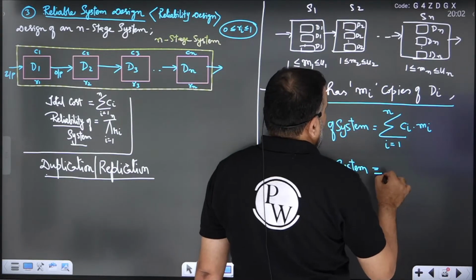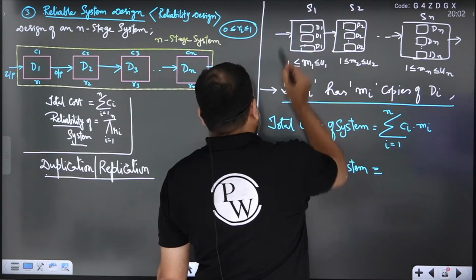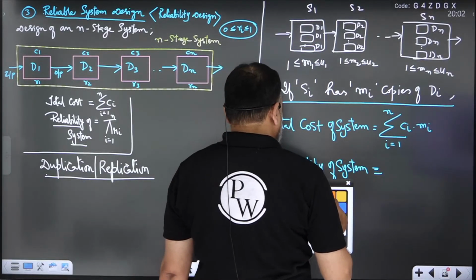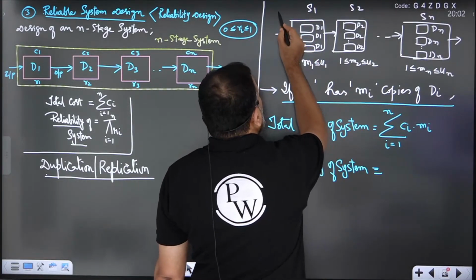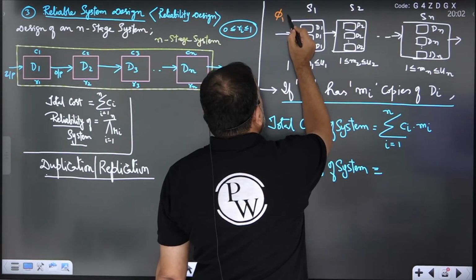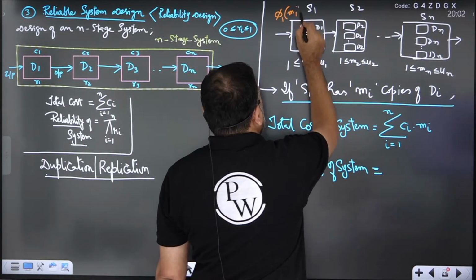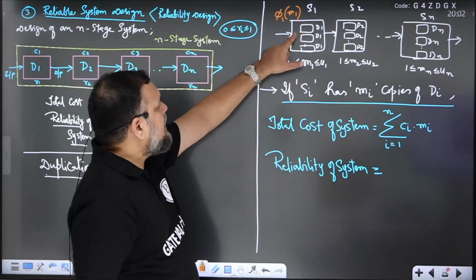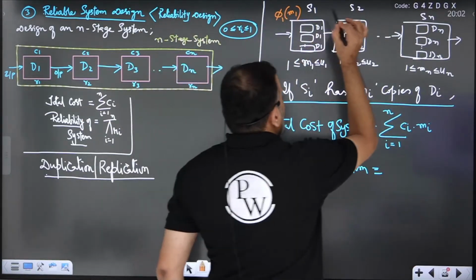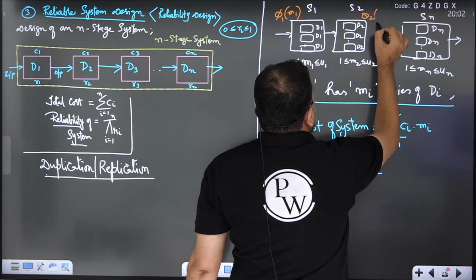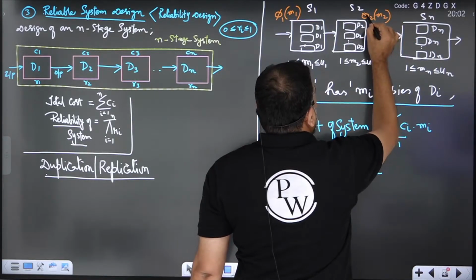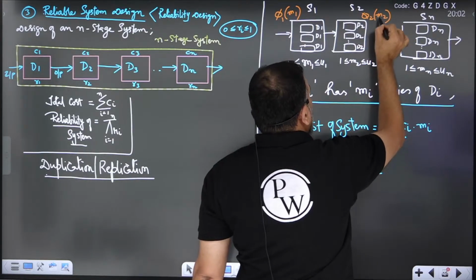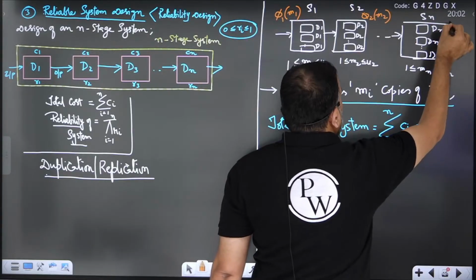Reliability of the system will become, see, if I say the reliability of stage 1 is given by a function pi 1 of m1, matlab pi is indicating the reliability of stage 1 having m1 copies of device D1, pi 2 of m2 represents the reliability of stage 2 having m2 copies of device D2, like that pi n of mn.